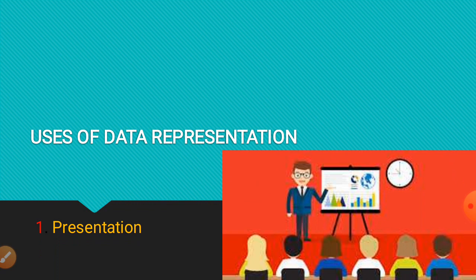After representing data properly, then presentation of that data becomes very easy. You can see from the picture the presenter presenting his data that has been properly represented to the audience. And we have powerful software applications that we use to create these effects.